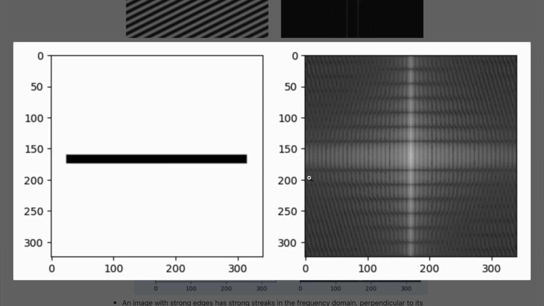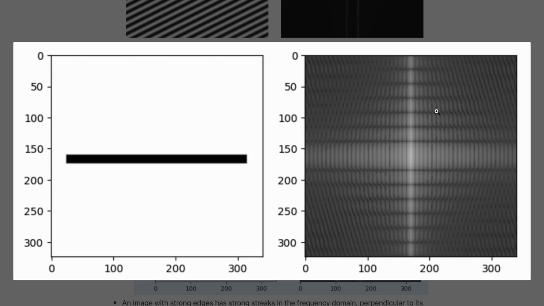So as a result, we have a very sharp and bright vertical line corresponding to all these transitions. And in the case of these vertical edges, we have fewer pixels that experience a horizontal transition. So we have a fuzzier, less focused beam going across the horizontal dimension.